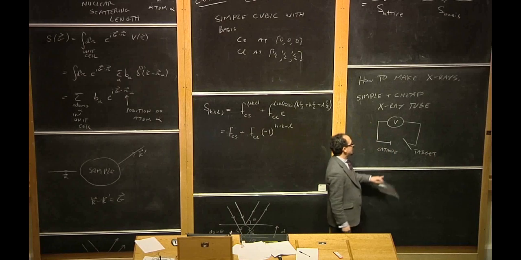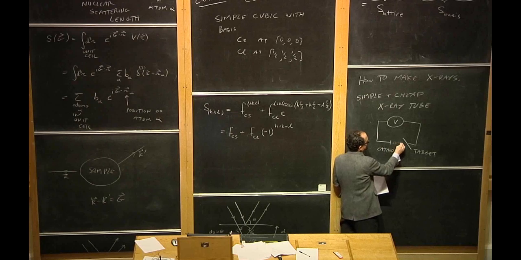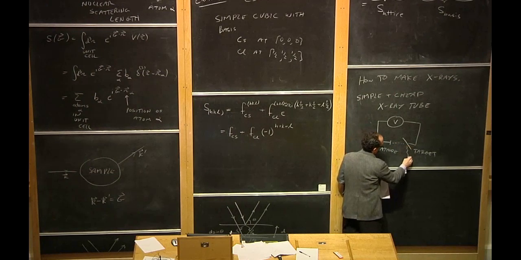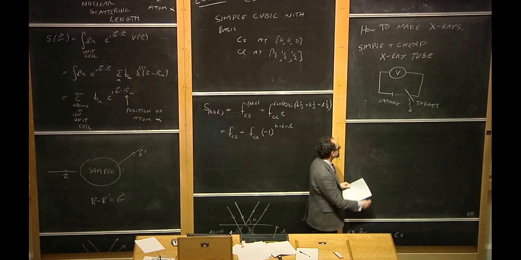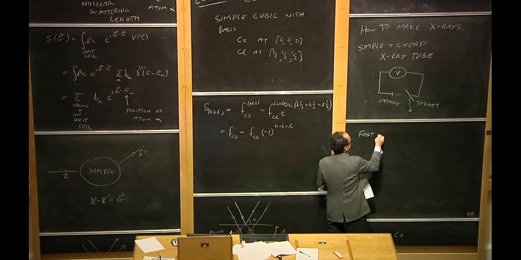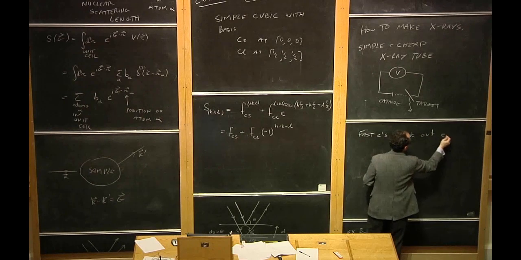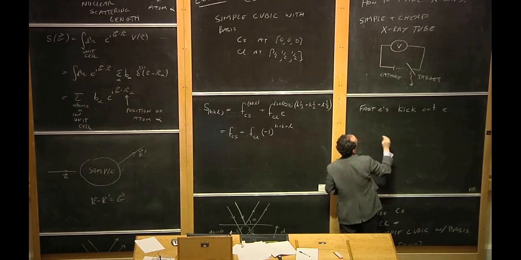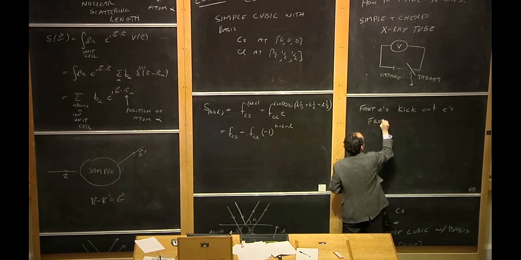By having this huge voltage, you spit electrons off the cathode, and the electrons hit the target, and off come X-rays. So what's really happening here is that the fast electrons kick out electrons from core orbitals.